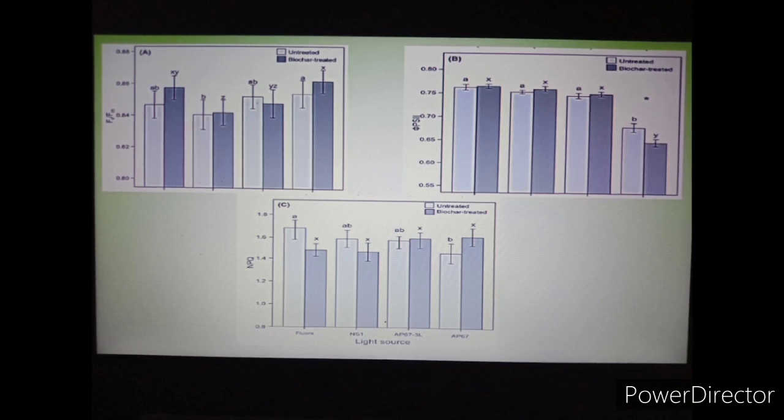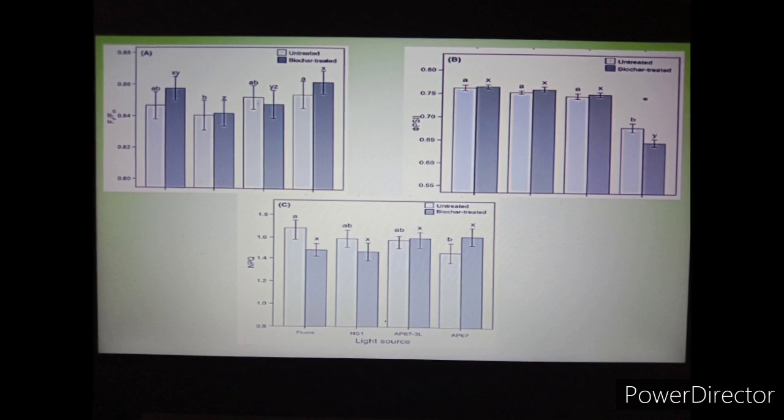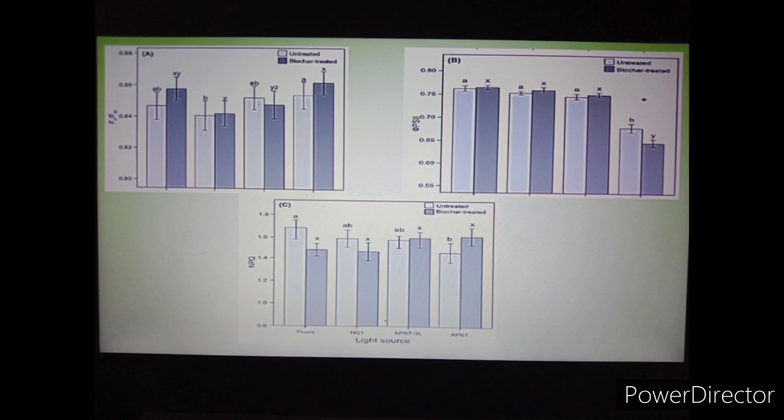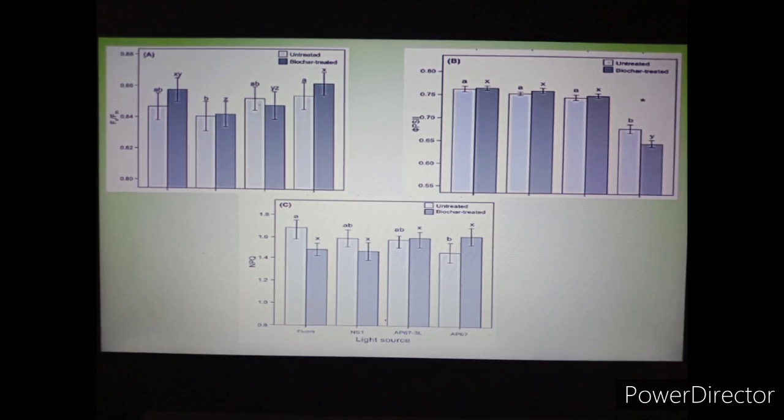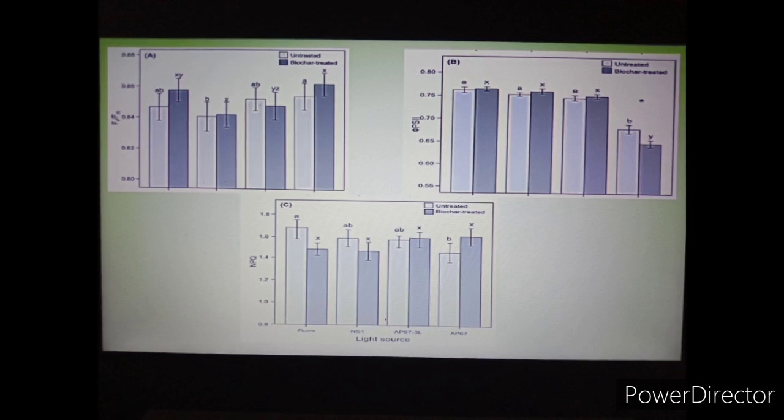Analysis of chlorophyll extraction could not detect any significant differences in chlorophyll A, B, and A and B contents, shown in the data figure.